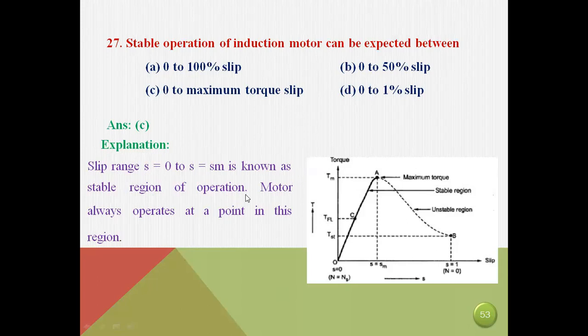So we can say the motor will always operate in the stable region, from S equal to 0 to S equal to Sn, or from torque equal to 0 to torque equal to maximum. Sometimes the question will come for the torque, sometimes for the slip.